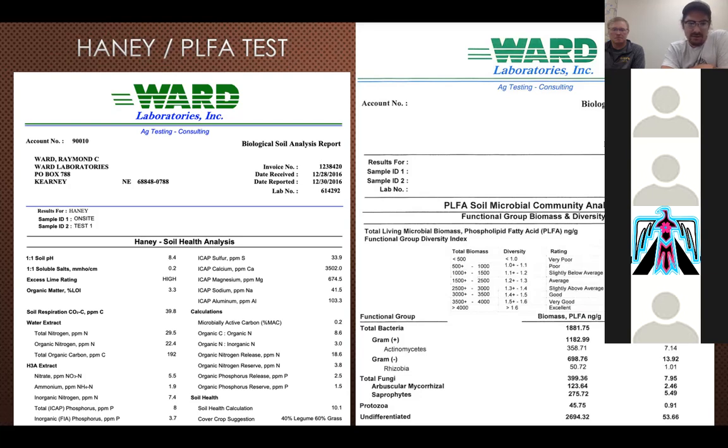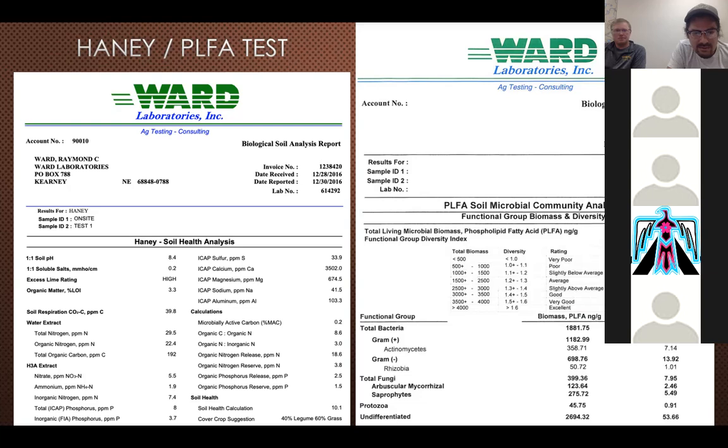Now on the left, just a broad analysis, getting in the weeds a bit, but there are a few things you can pay attention to, like soil health, soil pH, and then total nitrogen, organic nitrogen, and that test microbial active carbon, that one right there under calculations.